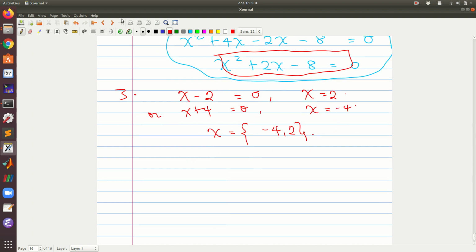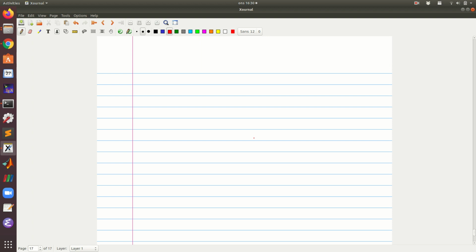Okay, so let us look at another example here. We would like to solve the quadratic equation 3x squared minus 11x minus 4 equal to 0 by factorization.